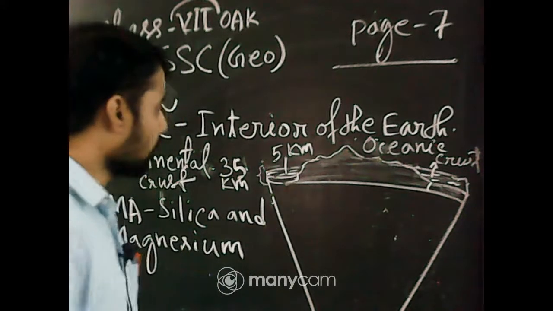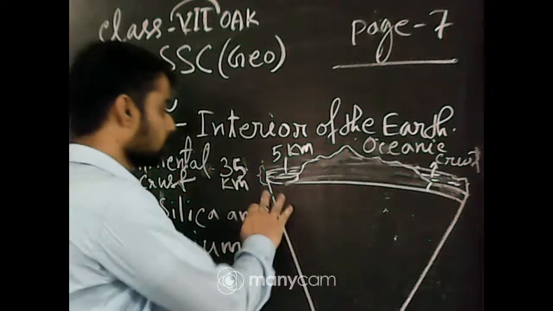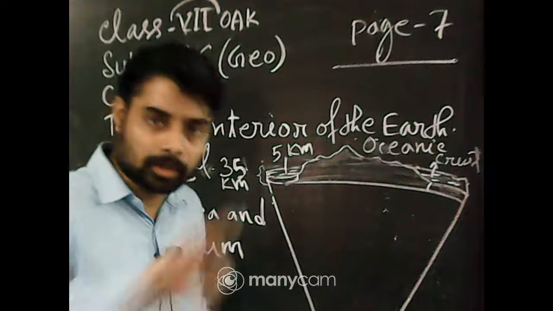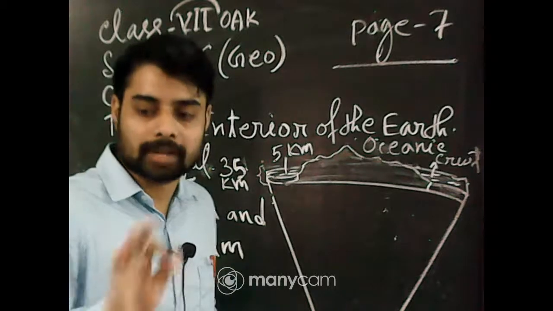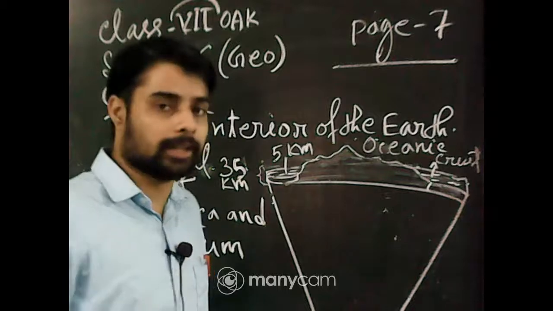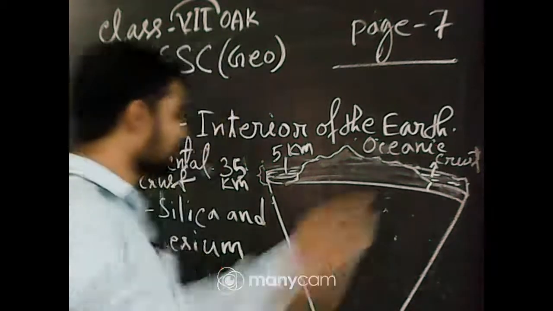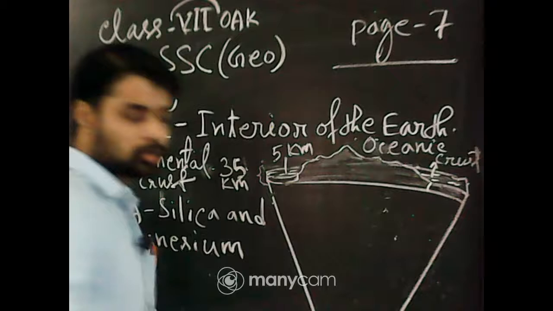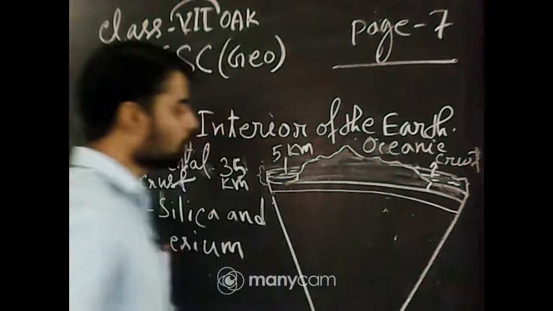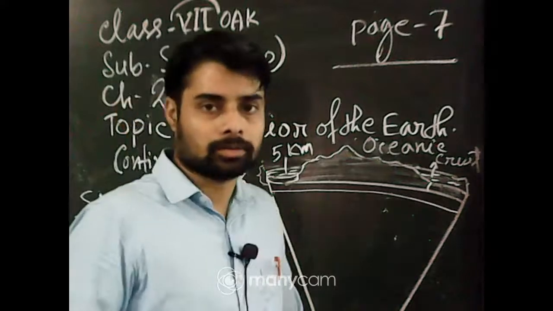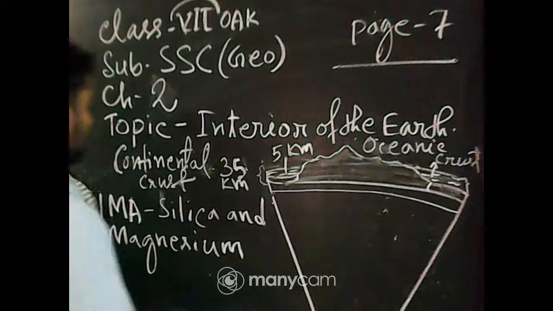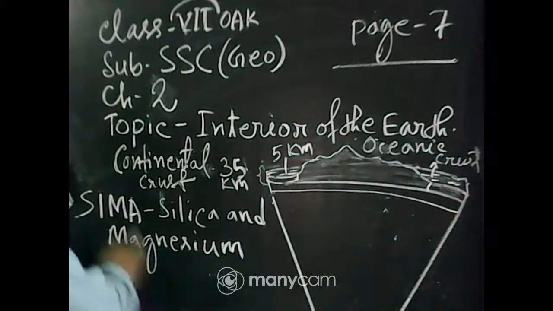And another important thing: in your book, one word is written on the picture of the globe. Another layer is mentioned, that is called lithosphere. What is lithosphere? Lithosphere is actually a layer. The uppermost layer of the mantle, the next part, is the mantle. So, I am rubbing this, this is Sima and Sial.